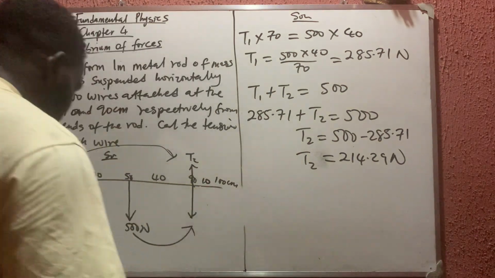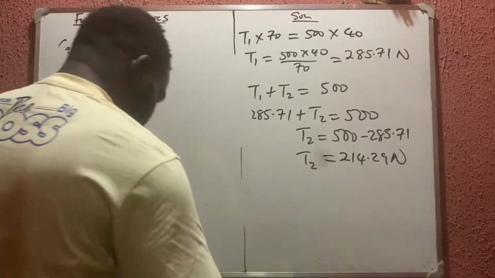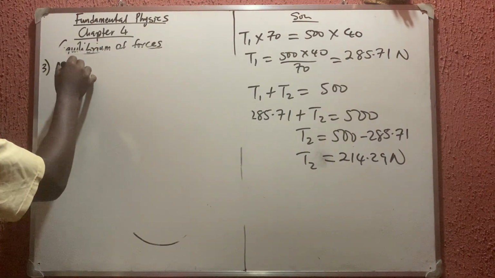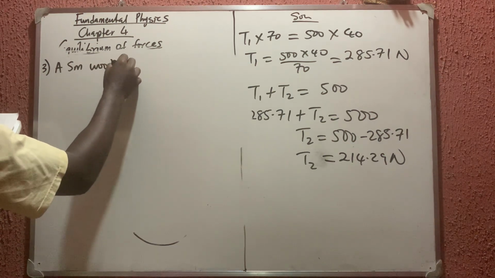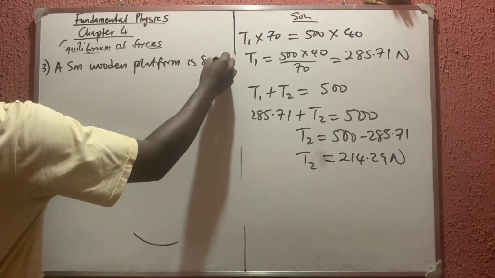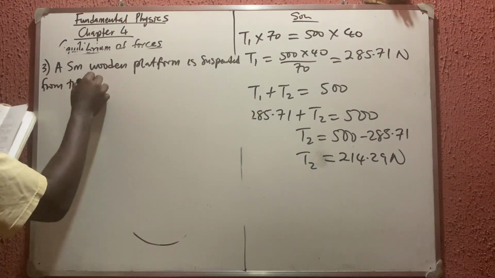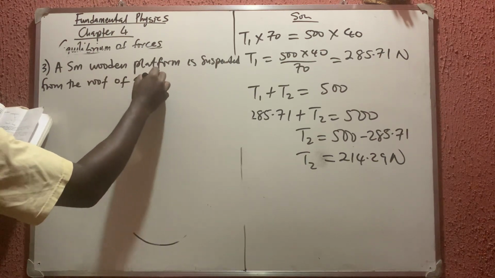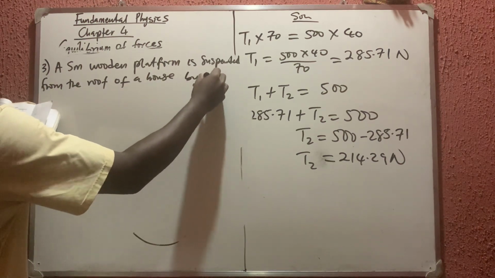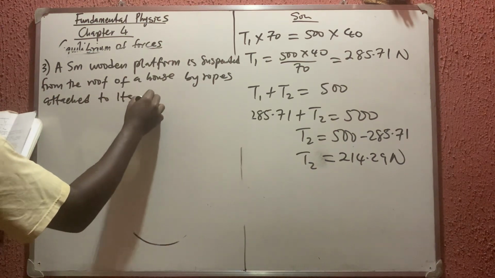All right, so we move to the next question, question number 3. Question number 3 said that a 5 meter wooden platform is suspended from the roof of a house by ropes attached to its ends.